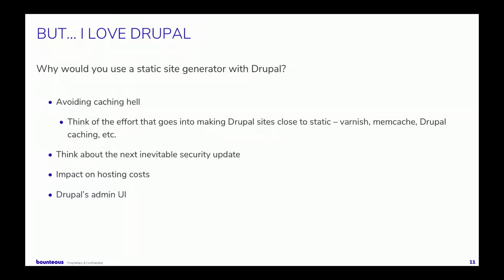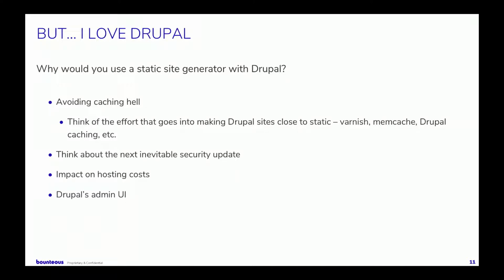Avoiding caching hell. One of my coworkers gave a little internal talk recently about escaping from caching hell. So I love the phrase caching hell these days. This is something that I have run into recently with deployments for sites that I've been working on. But think of all the things that we do to make it so that our Drupal sites, at the end of the day, are as close to static as possible.